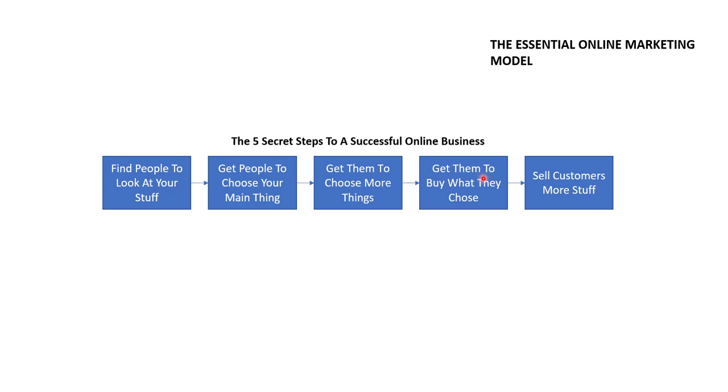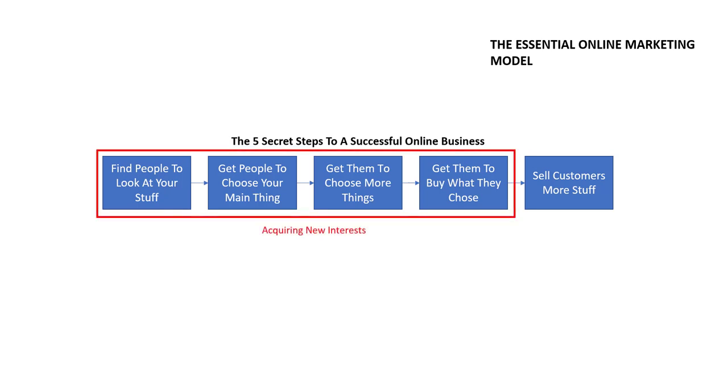And then finally, later, sell them more things. And if you do that over and over and over and over again, you're going to have a successful business. Now, in this particular training, what we're going to do is focus on the first 4 things. And that's acquiring new interest in your product.